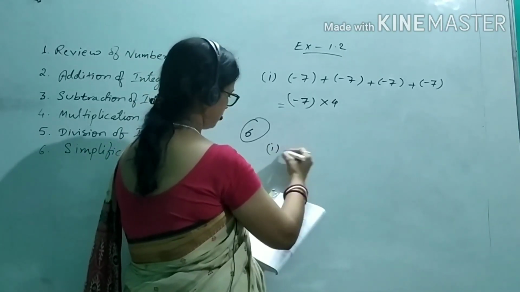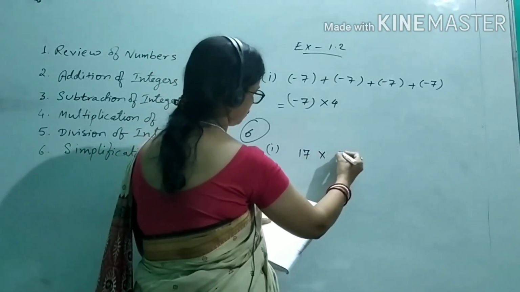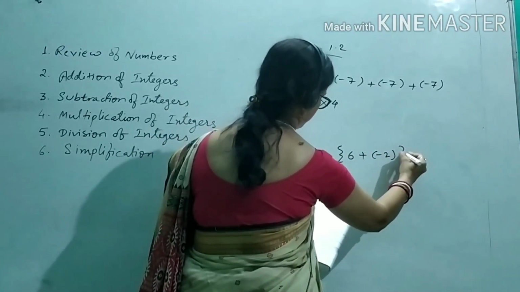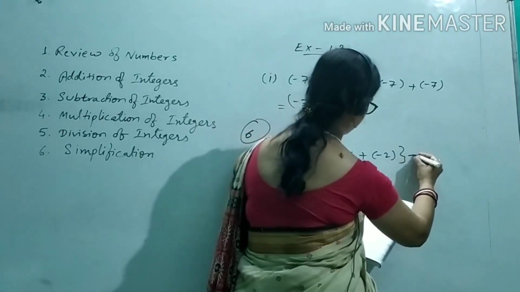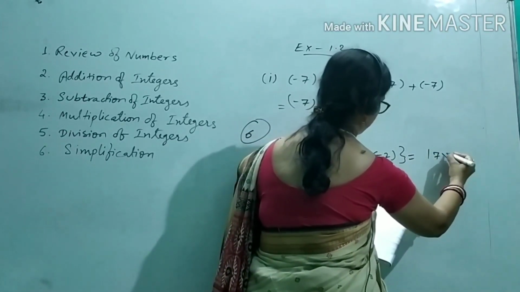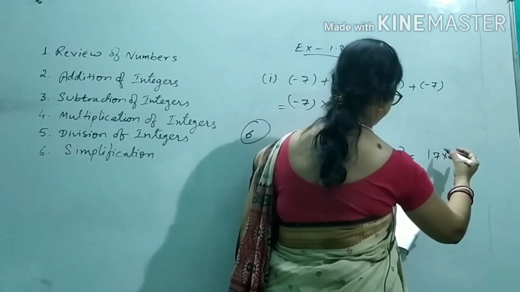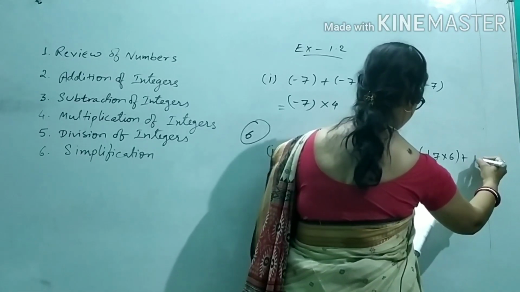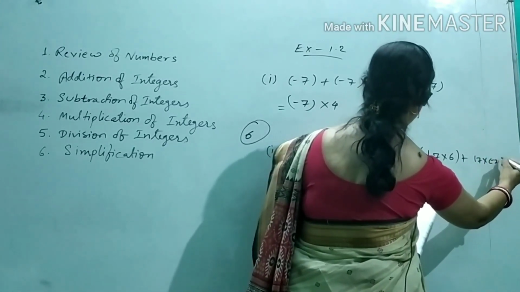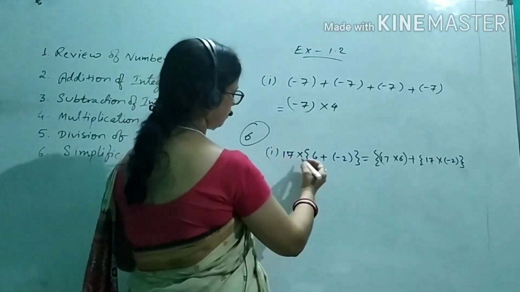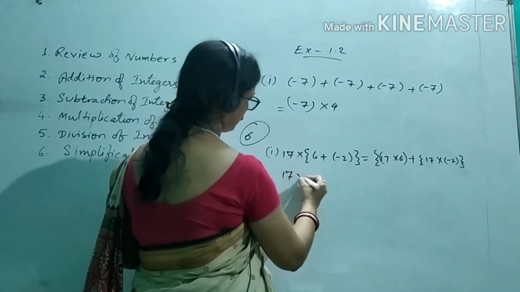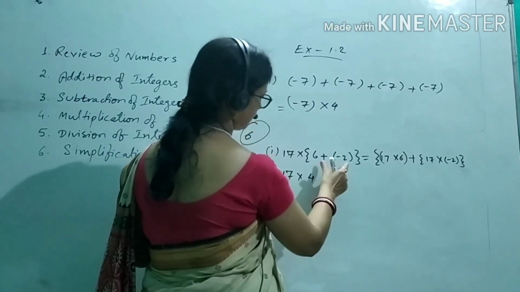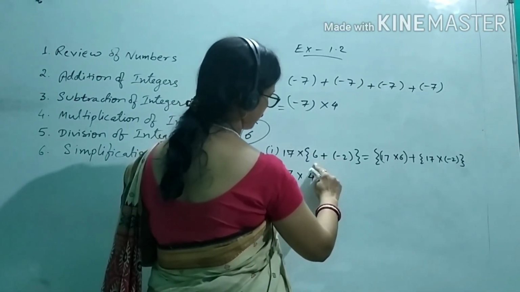First is 17 into (6 plus -2): is it equal to 17 into 6 plus 17 into -2? Now let's solve. 17 into 4, since 6 plus -2 is 4.